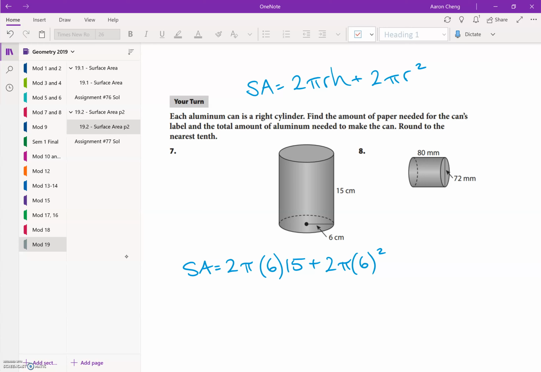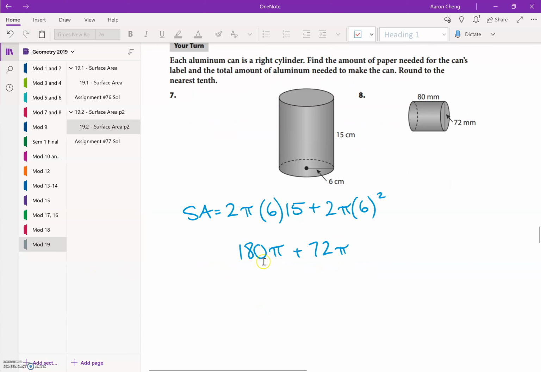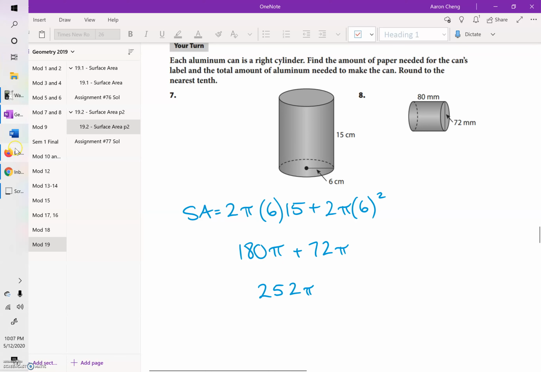I don't know if I could do this in my head. 2 times 15 is 30, 30 times 6 is 180. I'm sure someone will correct me if I'm wrong. 36 times 2 is 72. 252 pi, maybe.